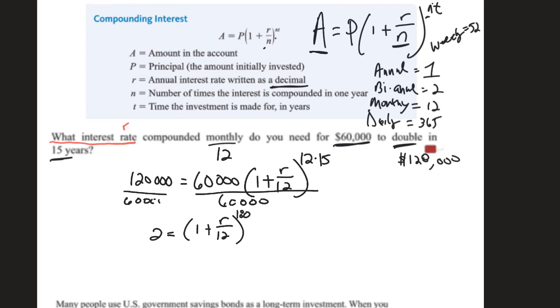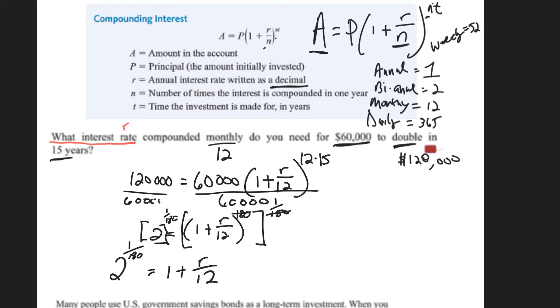And so what I'm going to do is I'm actually going to raise both sides to the power of 1 over 180. And that will allow me to cancel out my exponent. So now I have 2 raised to the power of 1 over 180 equals 1 plus r over 12.